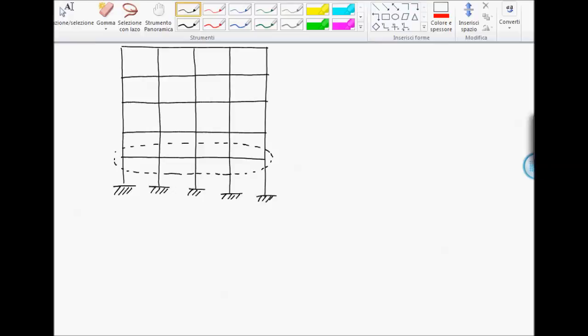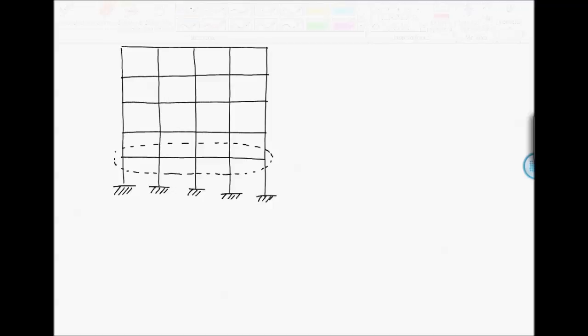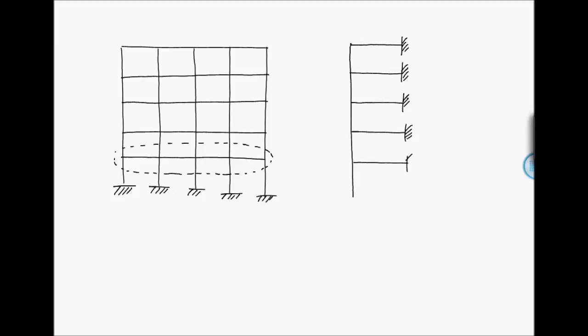So let's assume to isolate the first column here. So I have to apply the cross method in this configuration, considering, of course, all the loads that are acting on the beams.